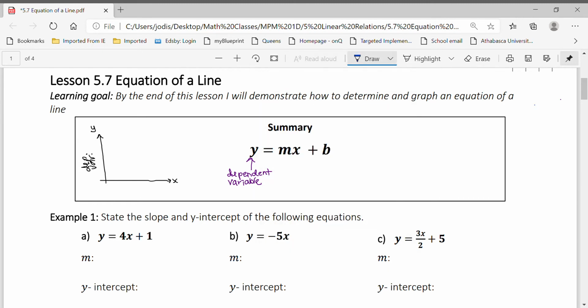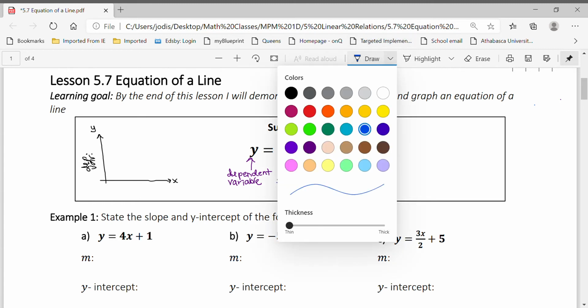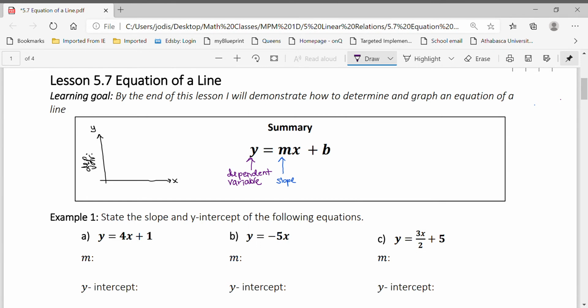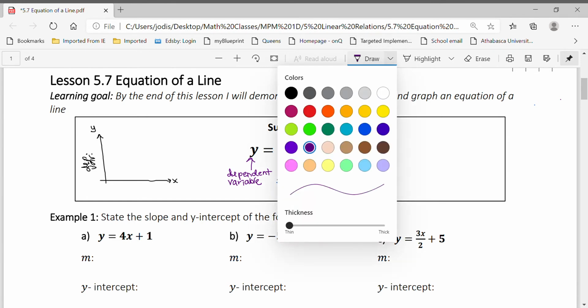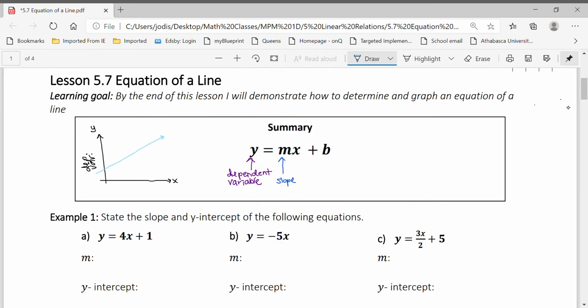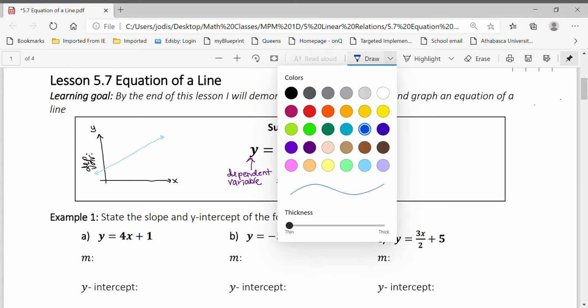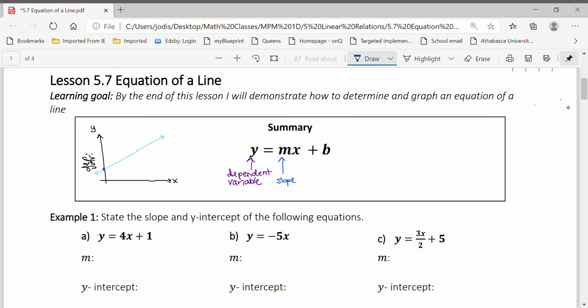We also have m, which we learned in our last lesson is the slope. So if we have a line, our slope, we learned, is our rise over our run.